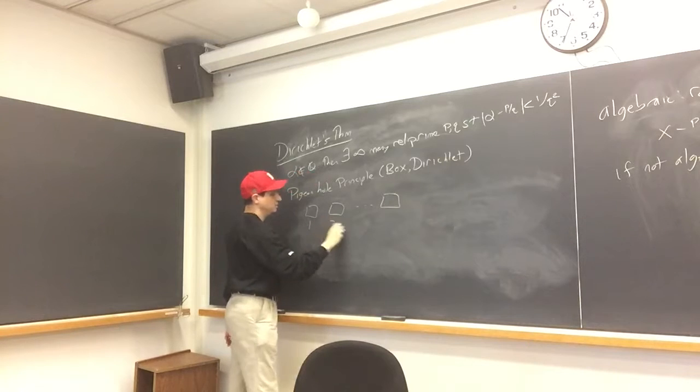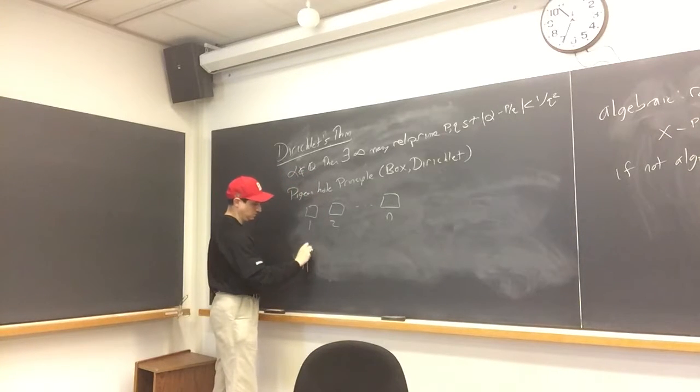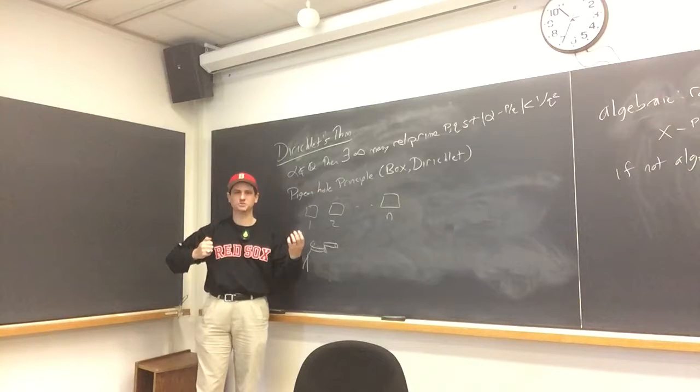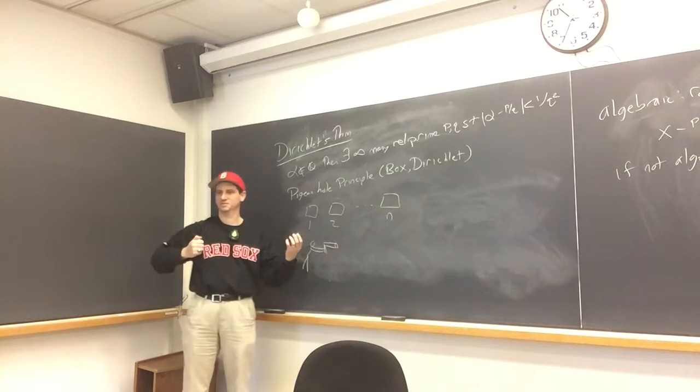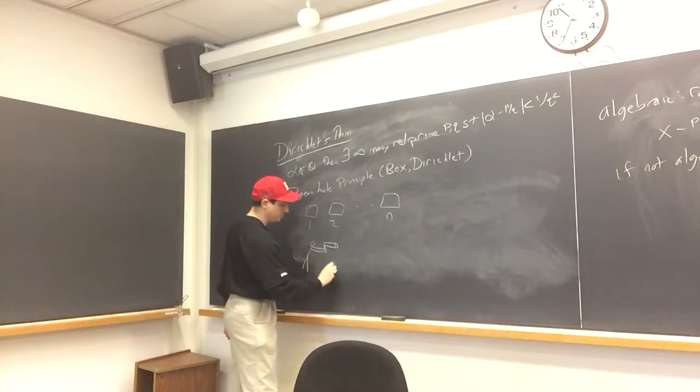So imagine you have n boxes, and you have a pigeon gun. Anybody seen the Despicable Me movies, where he has, I think, the gun that shoots squids? Similar concept. We have a pigeon gun, and we have n plus 1 pigeons.